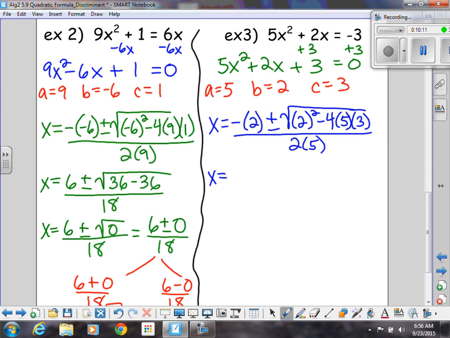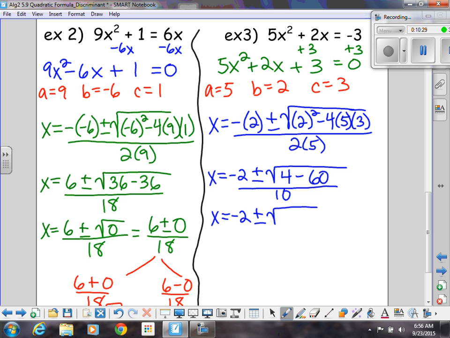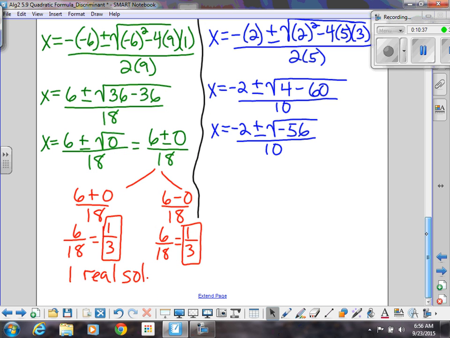So this is going to be negative 2 plus or minus square root of 4 minus, I get 60 here, all over 10. So now I'm going to subtract underneath the square root, and that's going to give me negative 56 all over 10.